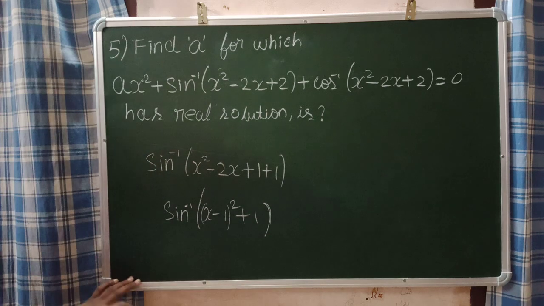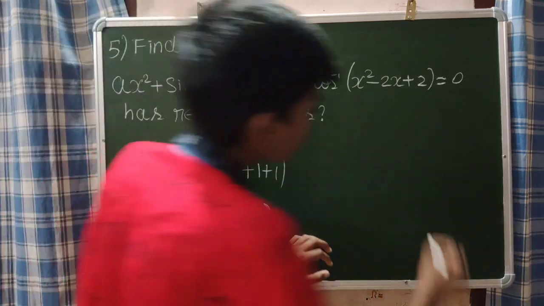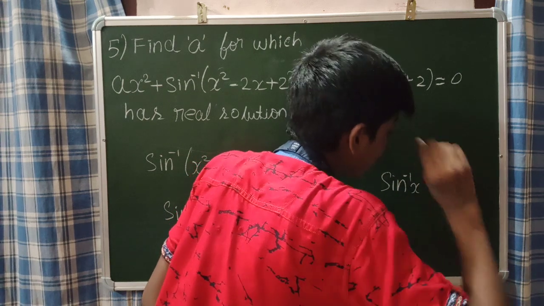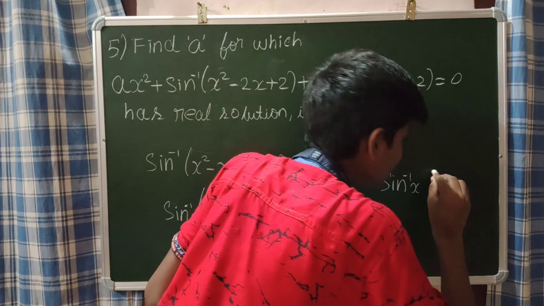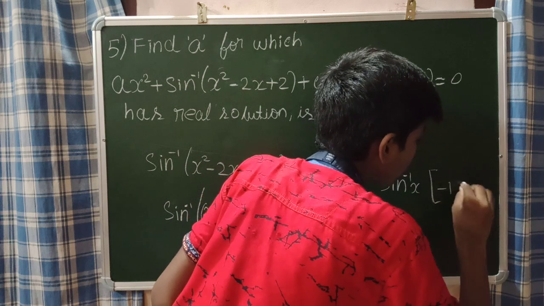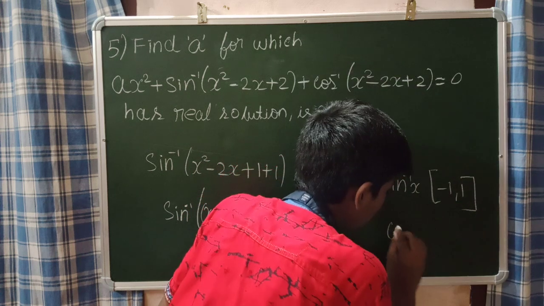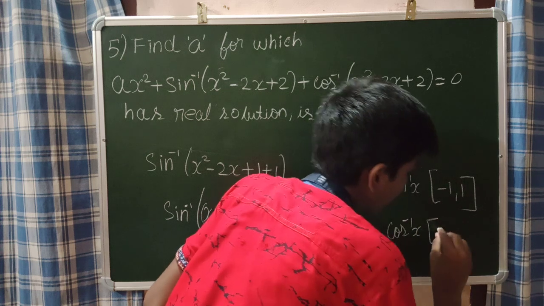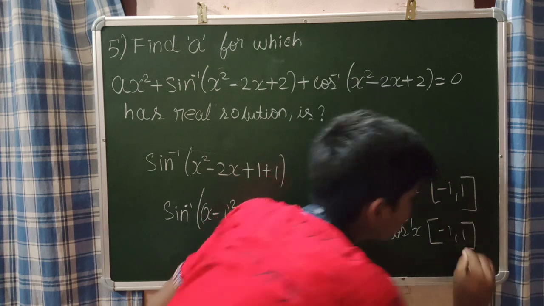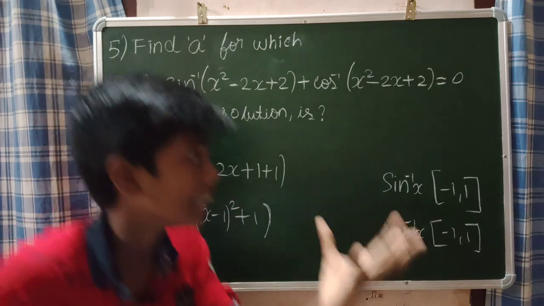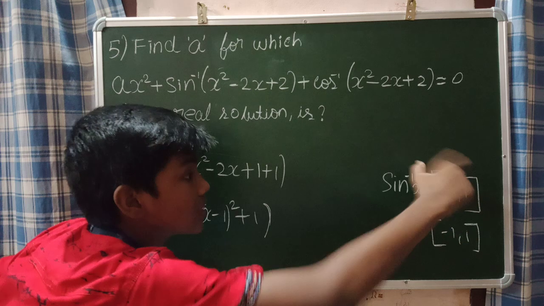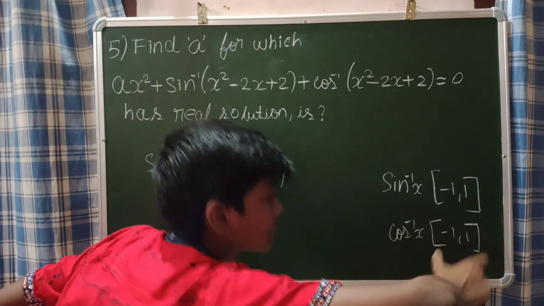Now, guys, what is the domain of sin inverse of x and cos inverse of x? The domain of sin inverse of x is minus 1 to 1, and the domain of cos inverse of x is also minus 1 to 1.